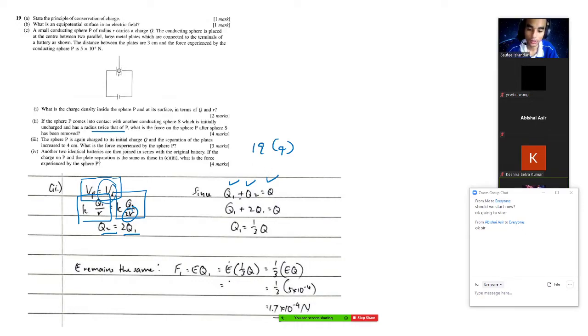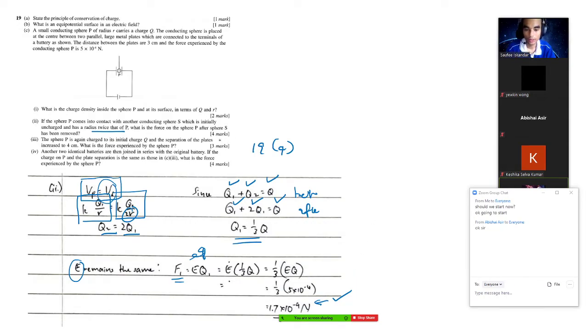So since Q1 plus Q2 equals to Q, and Q1 plus 2Q1 equals Q, this is before and this is after. So Q1 is equals to 1 over 3 of Q. Okay, so E remains the same and F equals to EQ, equals to E times 1 over 3 Q. So you have the answer over here, that is 1 over 7 times 10 power 9 Newton. This is correct.